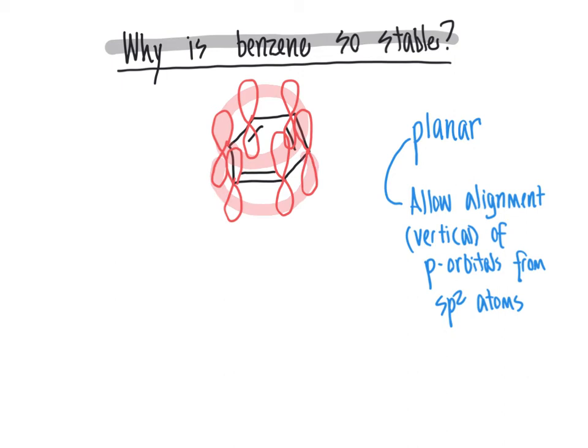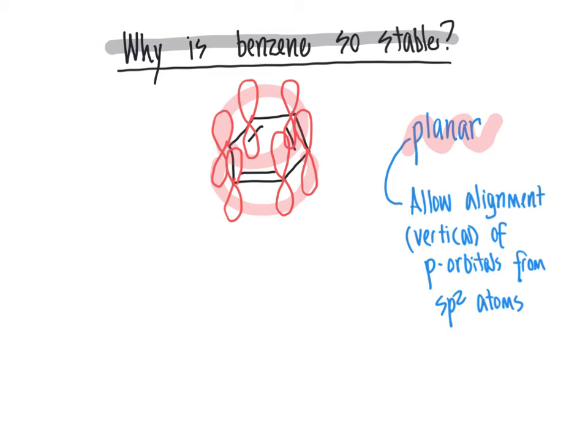And this can only occur when the ring is completely planar, because if the ring were not planar, then some of these orbitals would not align perfectly vertical in orientation. Instead, they would be tilted because of the fact that the carbon atom itself was not part of this planar system.